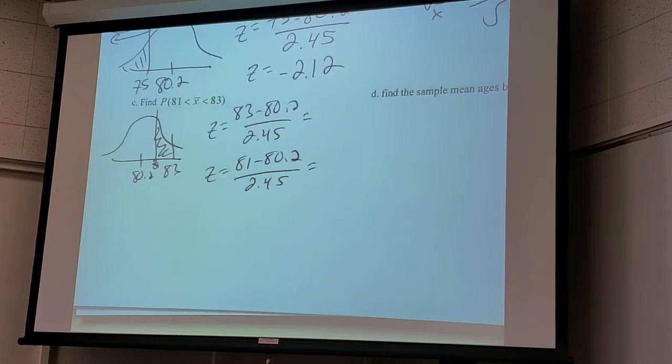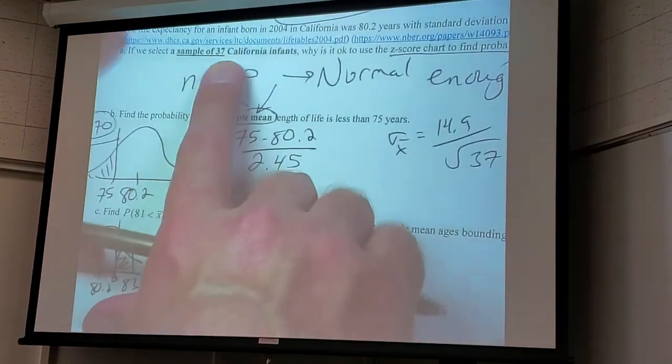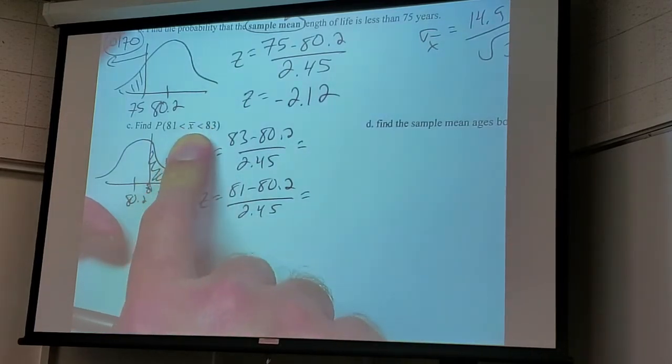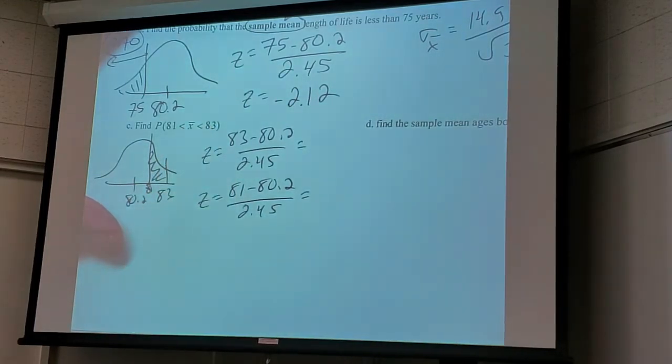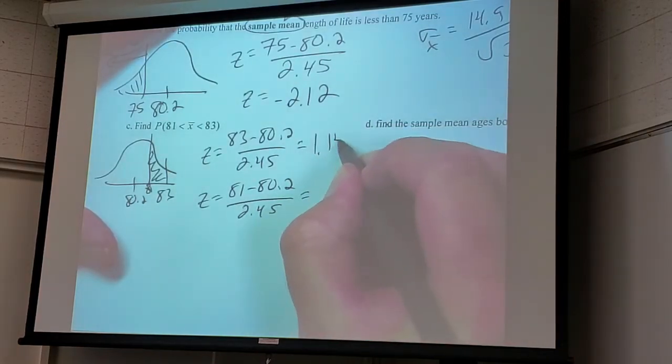You don't need to find out if you used 2.45 from the previous score. Yes. Because this whole problem is about a sample of 37. Look at the question, it's all about the sample mean, right? So I've got to use that new standard deviation. So what'd you say, 1.14?